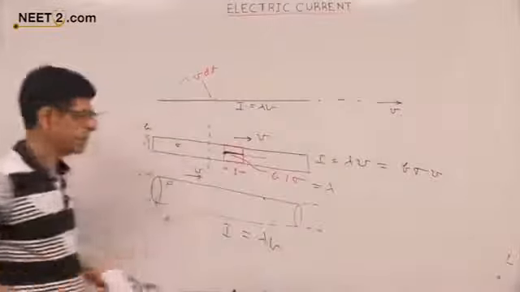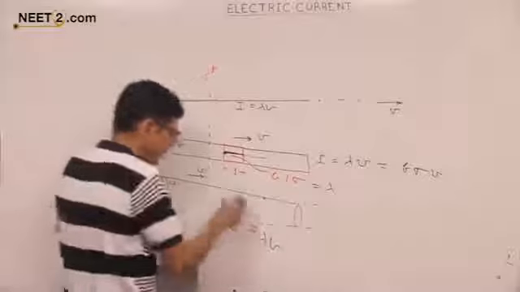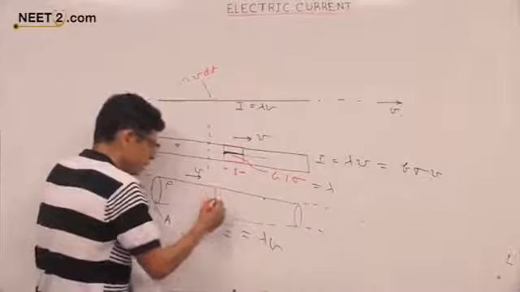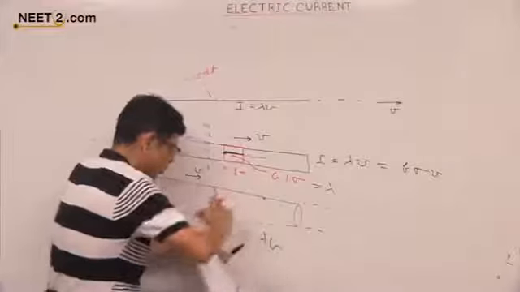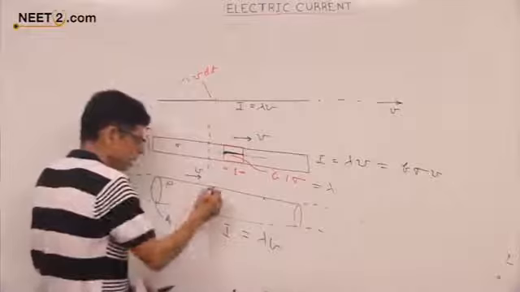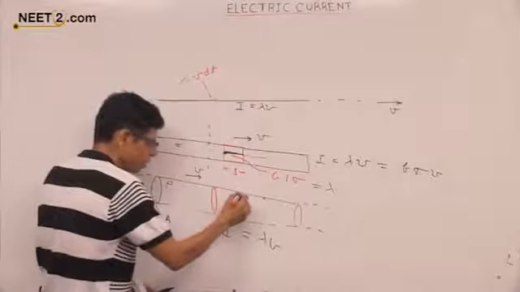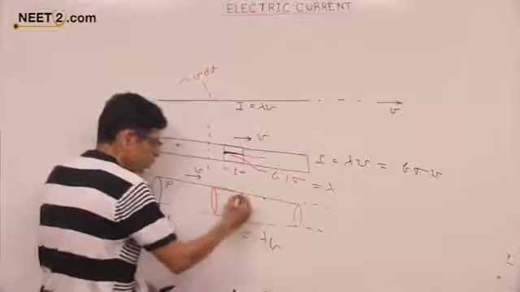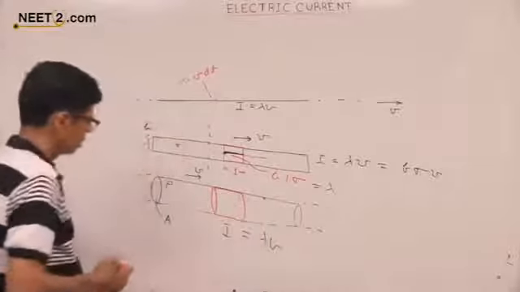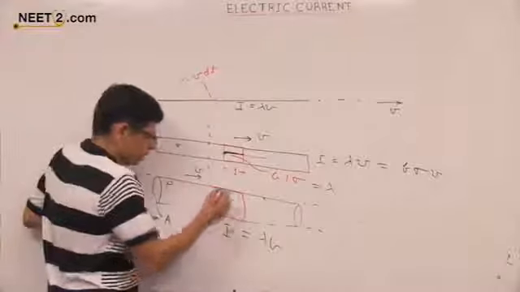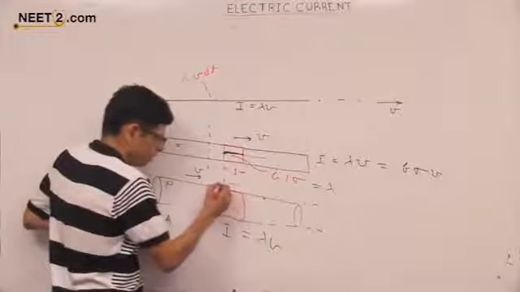You do the same thing here. To determine the lambda for this situation, if you collapse it, how much charge will come on 1 unit length of that wire? That charge is the one which is presently sitting in 1 unit length of this cylindrical space. So this is 1 unit.